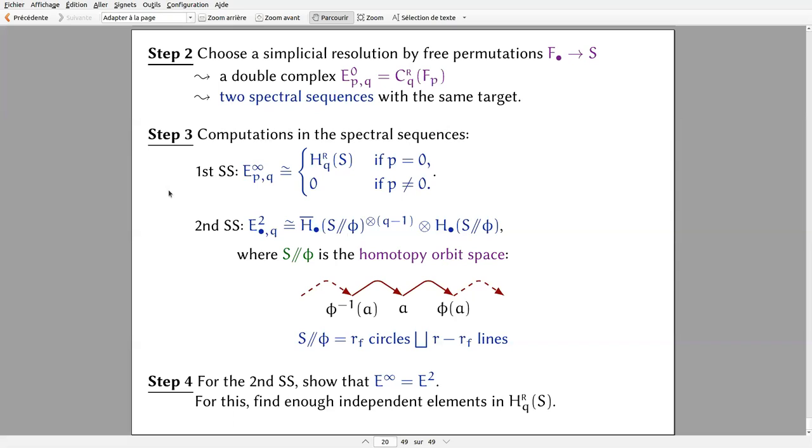If you want to apply the same ideas to another class of rack quandles, you need to understand what the free objects would be, make explicit computations for them, and then look at what you get on the second page from this understanding, and see whether you stabilize or not, by looking for many independent elements in the limit.